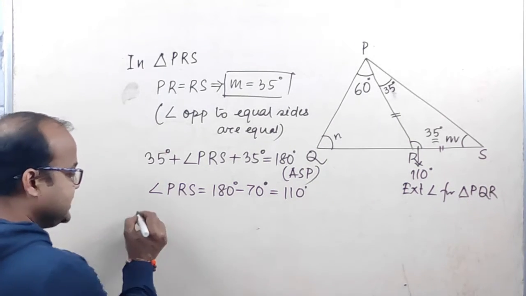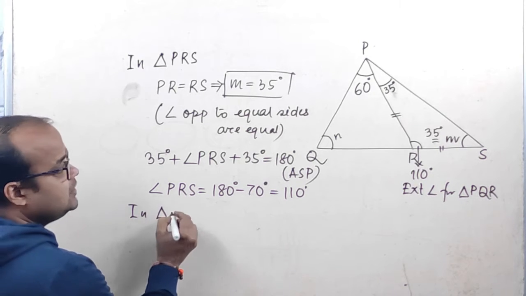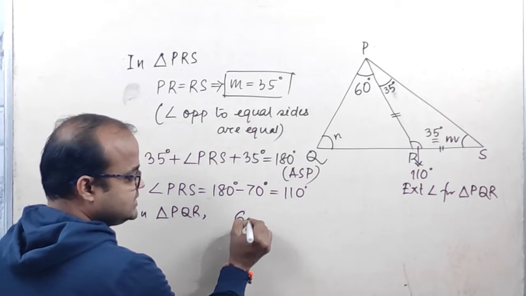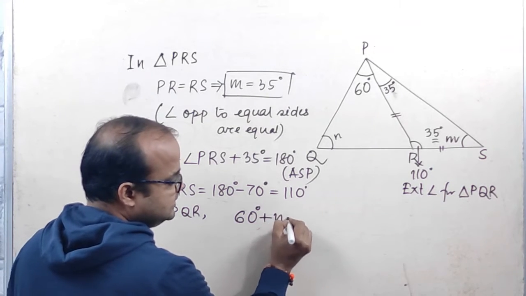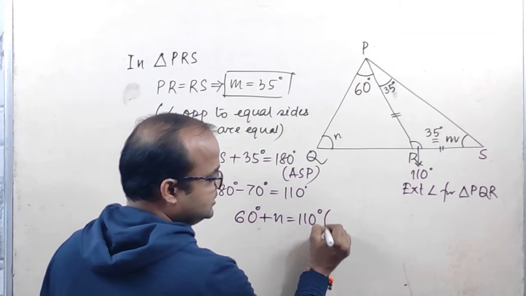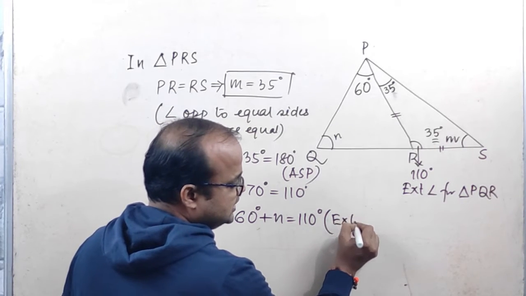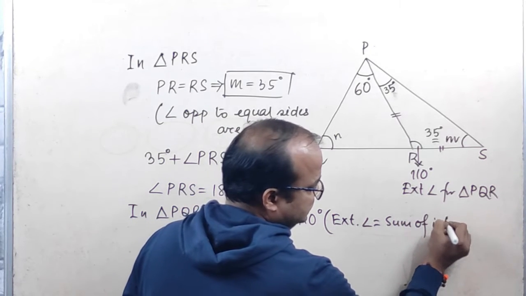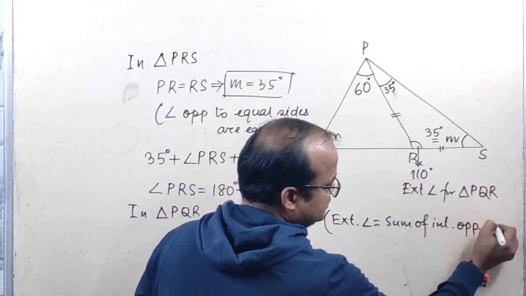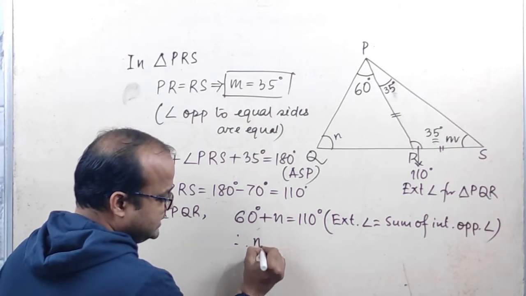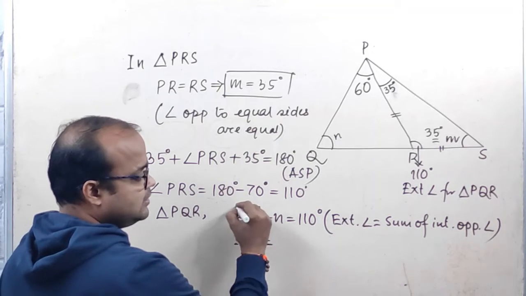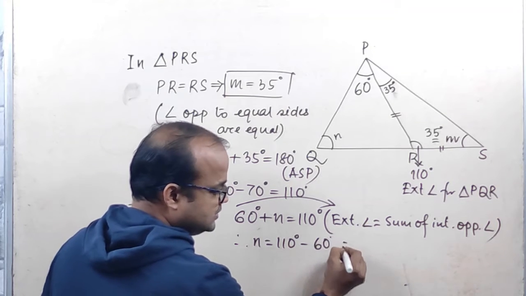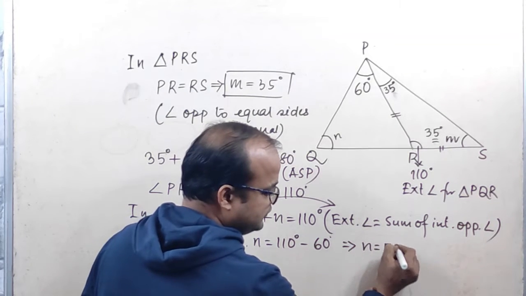So we can say that in triangle PQR, 60 degree plus N equals to 110 degree. Reason: external angle equals to sum of internal opposite angle. Therefore N equals to 110 minus 60 degree. It implies N equals to 50 degree.